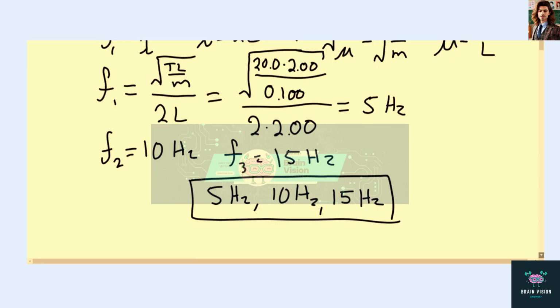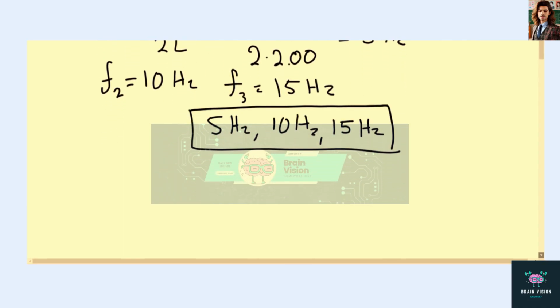And then in part B, we're told that we're seeing a node 0.400 meters away from the end of the string. With that information, we're supposed to figure out what mode of vibration the string is in and what frequency it's vibrating at.